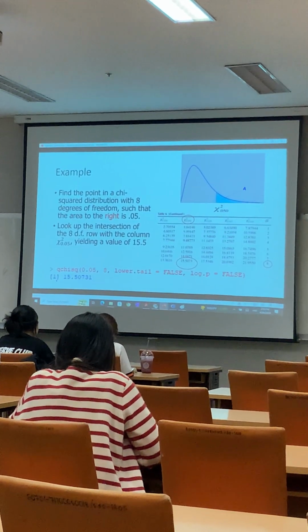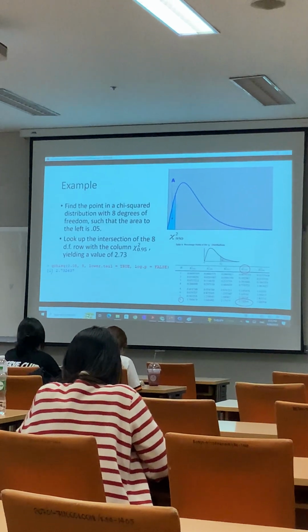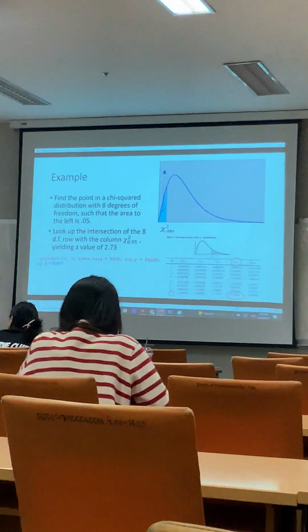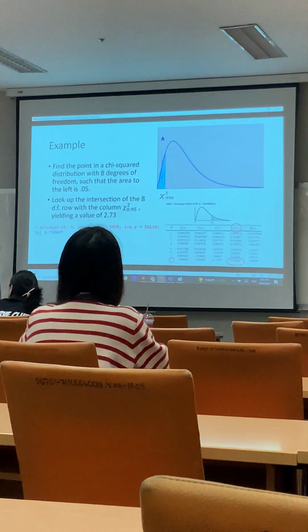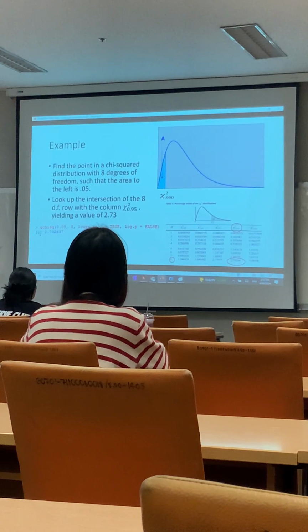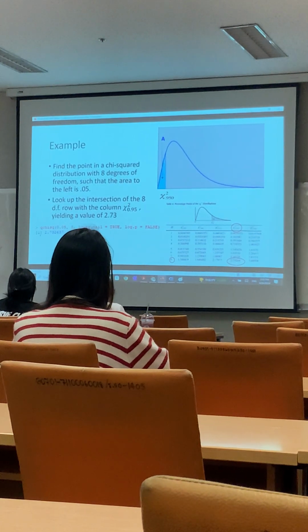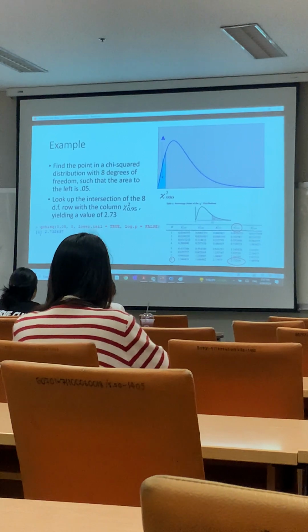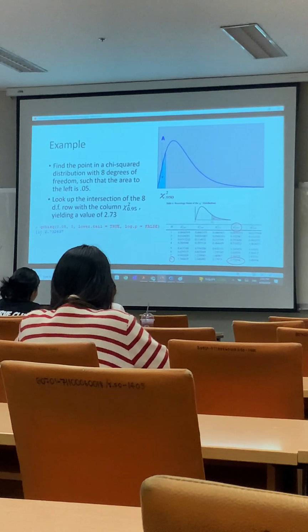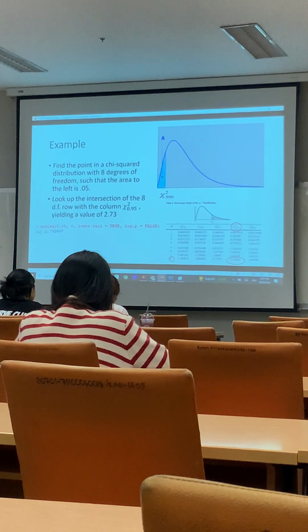On the other hand, if you want, as I show you, the area in the lower tail, right? Here I said find a point in a chi-square distribution with any degree of freedom, but the area to the left is 0.05. So as I told you, if you want the blue area to be 5%, it means that the gray space under the curve here is 95%.